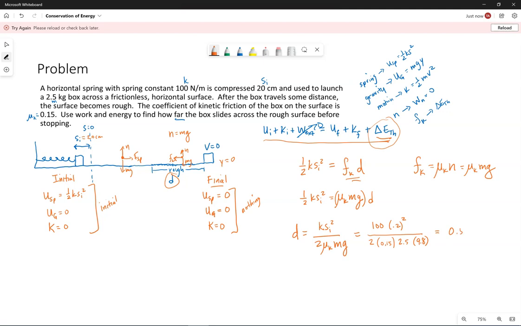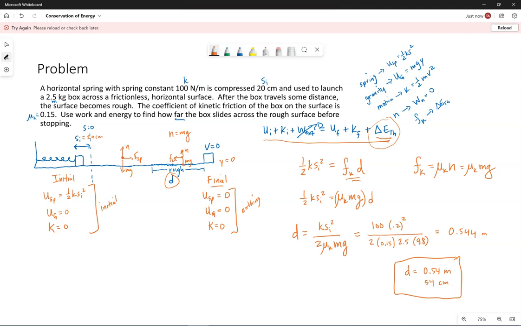Getting 0.544 meters. Let's see, we have maybe 2 sig figs. So 0.54 meters. We could say 54 centimeters, that's fine. But we do need the distance x to be in meters in order to work out with the units of k being newtons per meter. So for the units to work out, we need to put everything in terms of SI units to begin with.